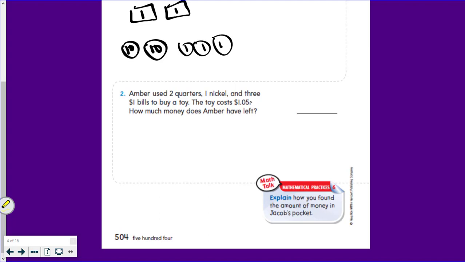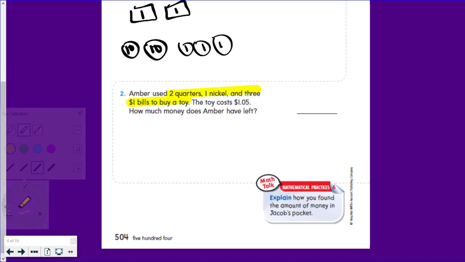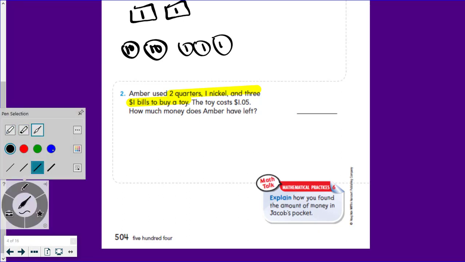So we need to figure out if the toy costs more or less than what she paid, because it says she has money left. So she used 2 quarters, 1 nickel, and 3 $1 bills to buy a toy. So we need to figure out how much money that is first. Then, once we do that, we can see if we can figure this problem out.